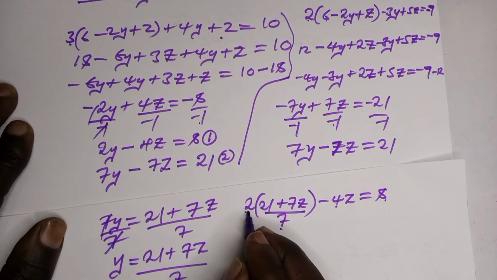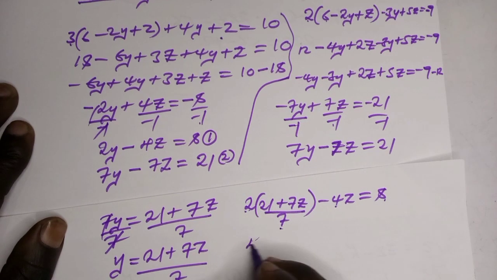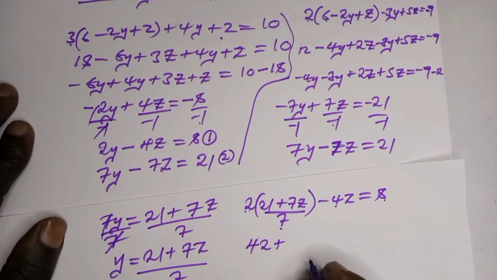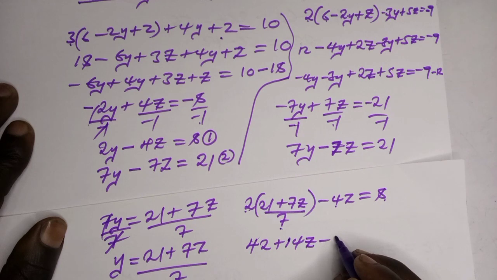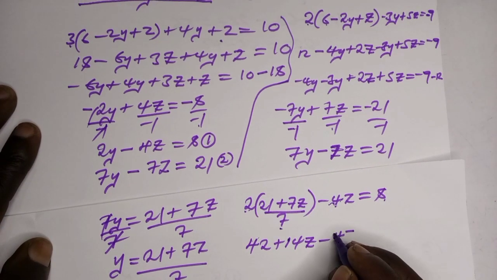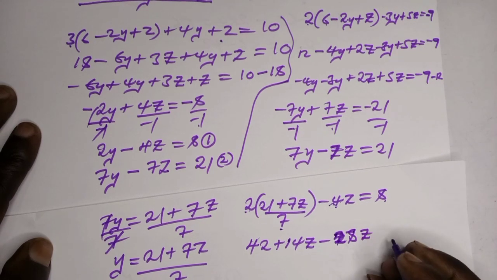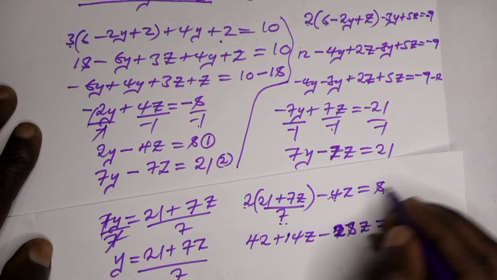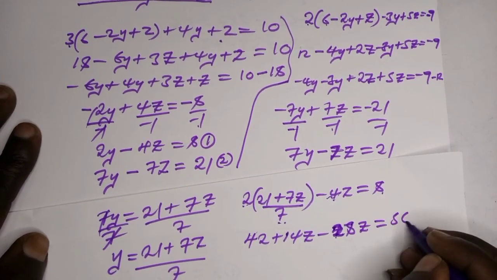It will be 2 times 21, which is 42, plus 2 times 7z, 14z, then minus 4 times 7, which is 28z, which equals 7 times 8, which is 56.